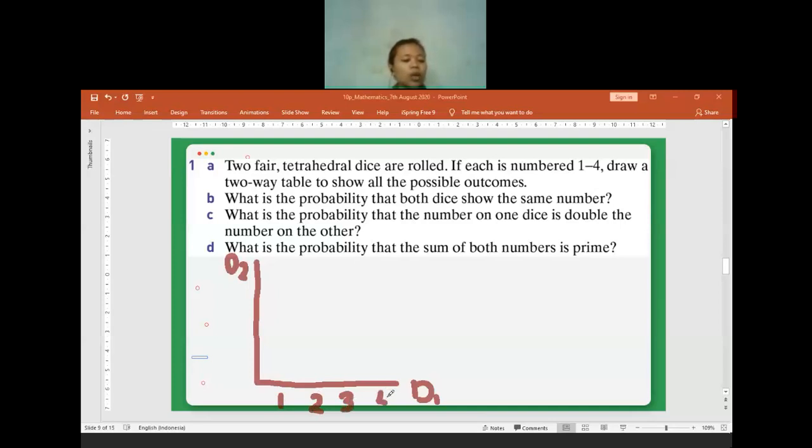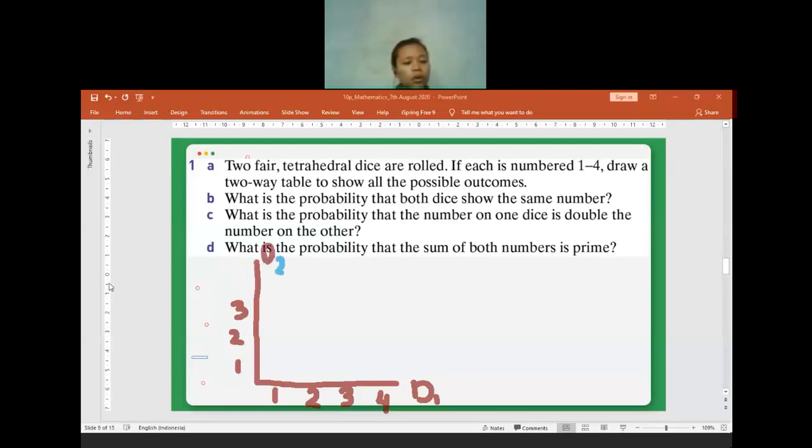So we have the numbers 1, 2, 3, 4 on each axis. Oops, sorry. This is 1, 2, 3, 4, and for the y-axis also I have to write 1, 2, 3, 4. Wait, I need to move this one first, for dice 2.